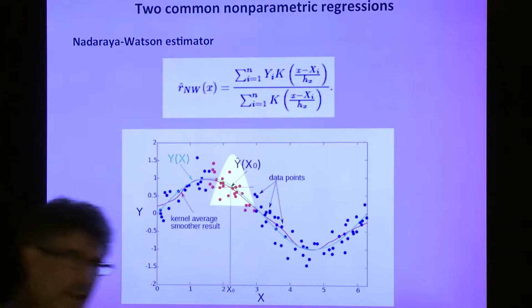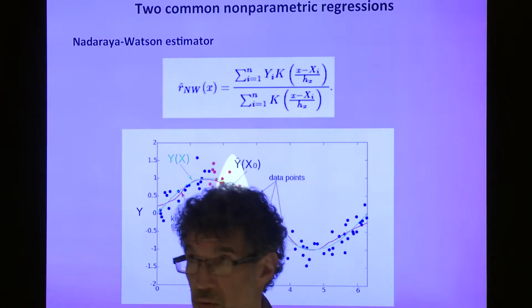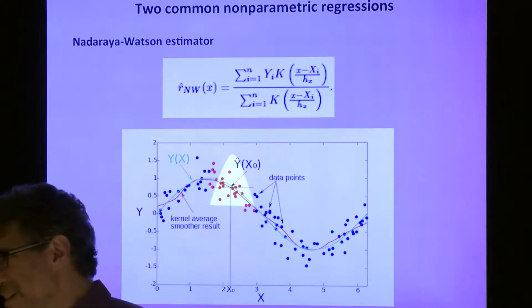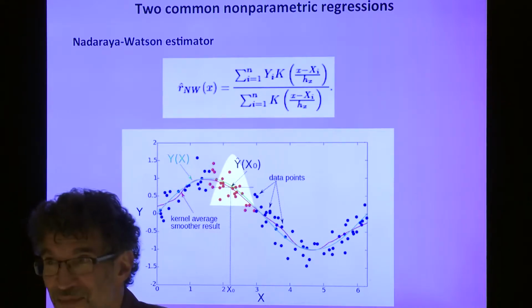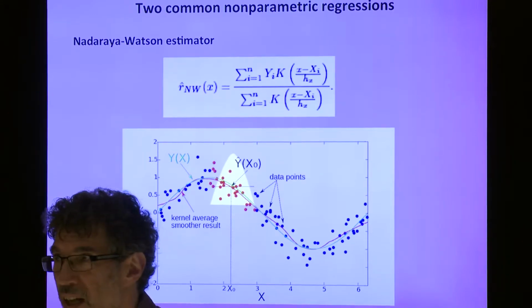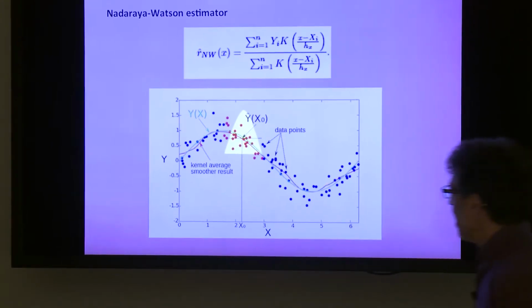And this was written down by two people simultaneously, I think in 1962. One of them was named Nadaraya, and one of them was named Watson. Are these well-known statisticians? I don't know. And it's known as the Nadaraya-Watson estimator. And it's in Wikipedia. I mean, this is famous. It's well known.